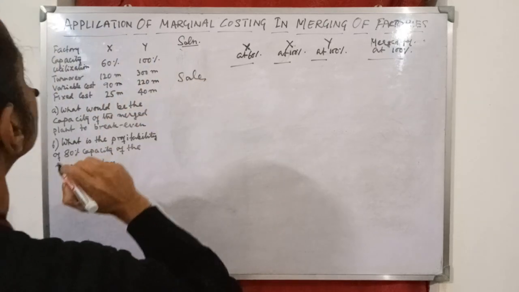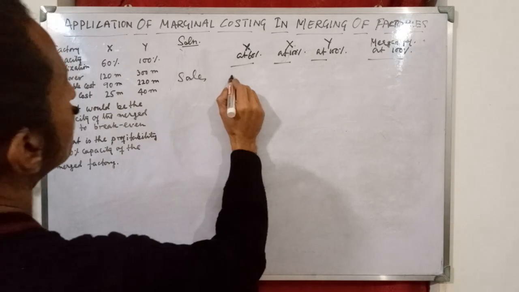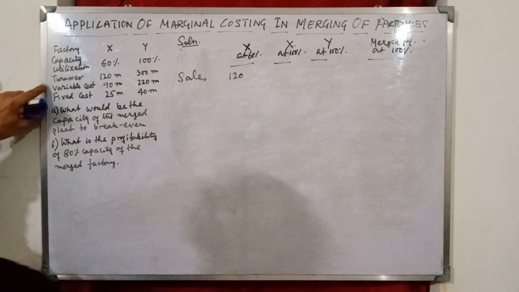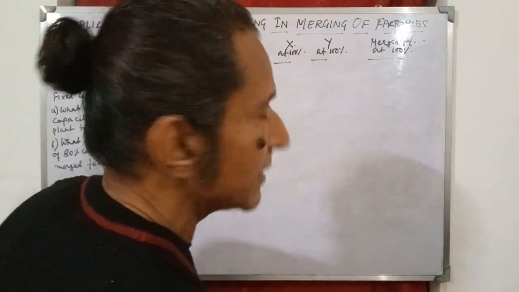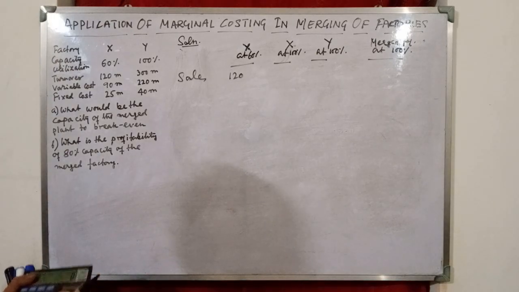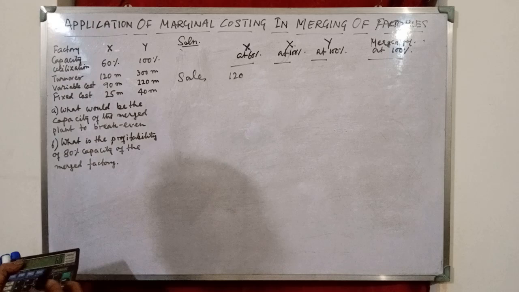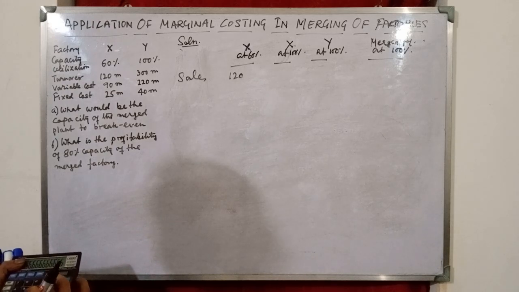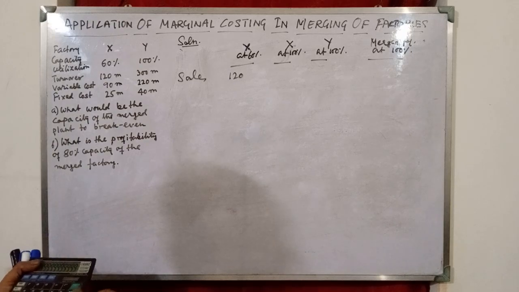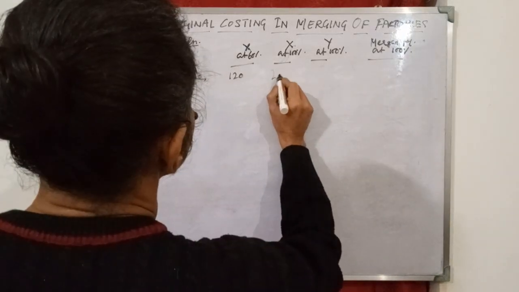Sales of factory X at 60% is 120. So sales at 100% capacity is 100 divided by 60 into 120, that is 200 million.